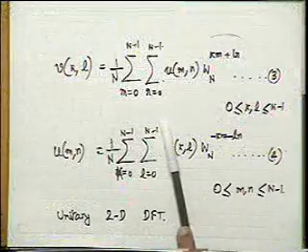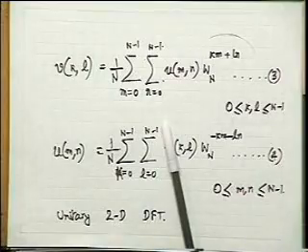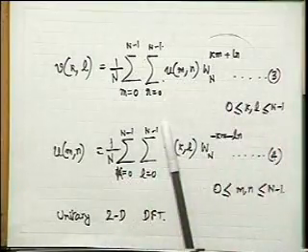Of course, whenever U of Mn indicates the intensity values of different pixels in a digital image, then U of Mn is real.